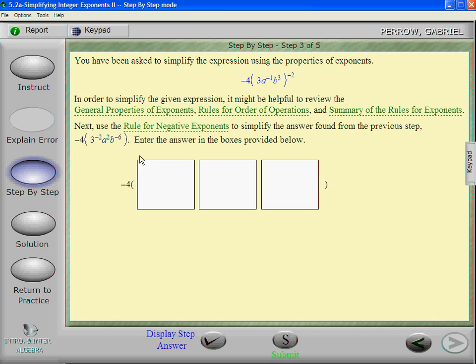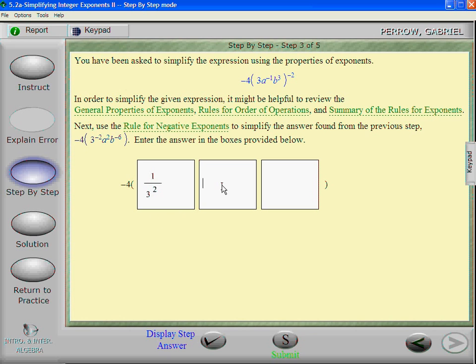And let's see, from here, what are they looking for us to do? Well, what makes sense to me, and we'll see if it makes sense based on what they're saying, is that 3 to the negative 2, I can expect that you're going to end up throwing that down bottom as 3 to the positive 2.